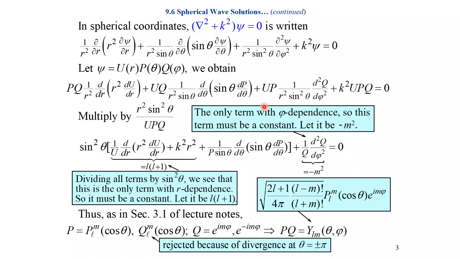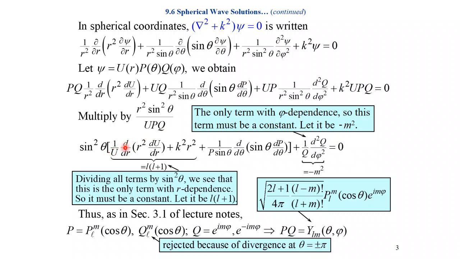Next step is we multiply by r squared sine theta squared because of these terms, and divide by UPQ. By doing so, this term becomes sine squared theta times 1 over Q, because PQ cancel.